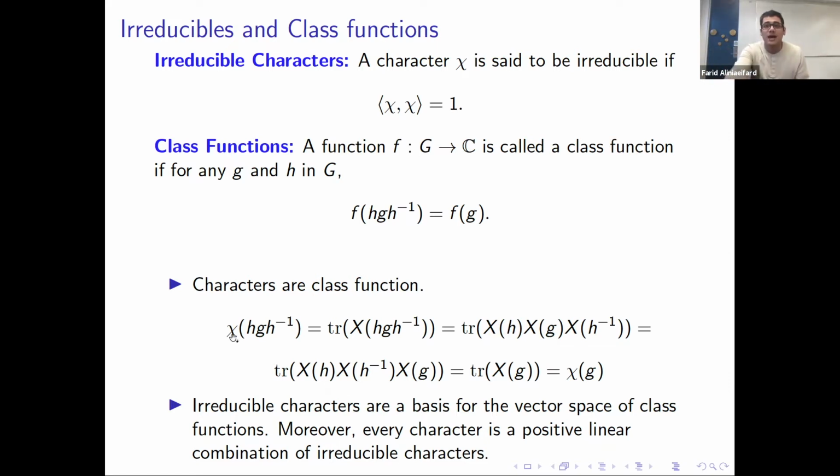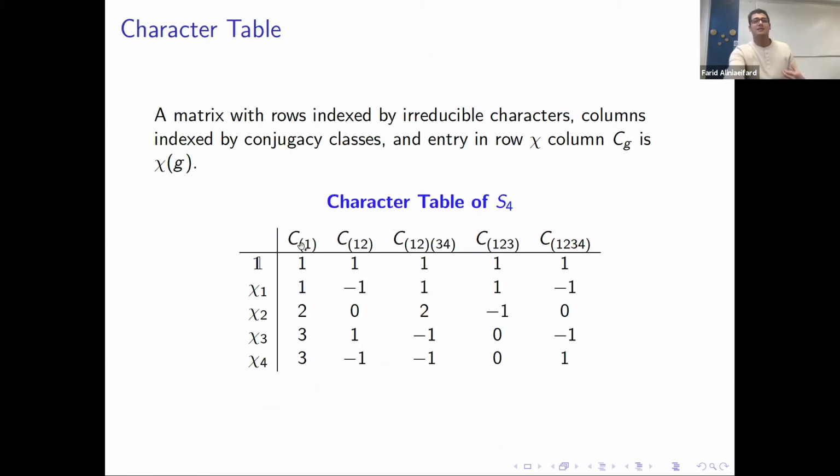So if I construct a table where the columns are indexed by conjugacy classes and the rows are indexed by irreducible characters, and each entry, for example 2 here, is the value of this character on some element of this conjugacy class, then this will decode everything about character theory. This is called the character table, and it encodes everything about character theory.